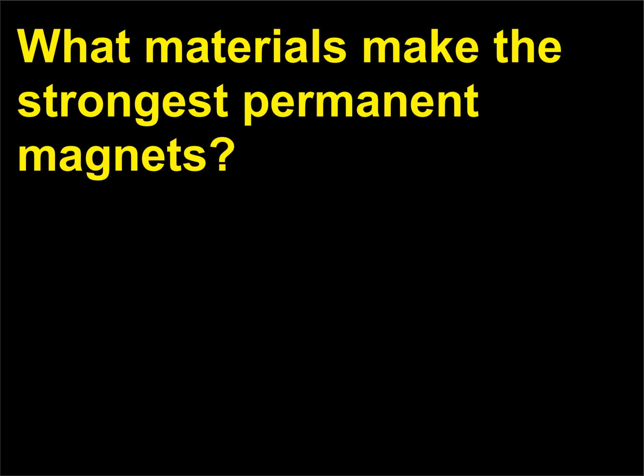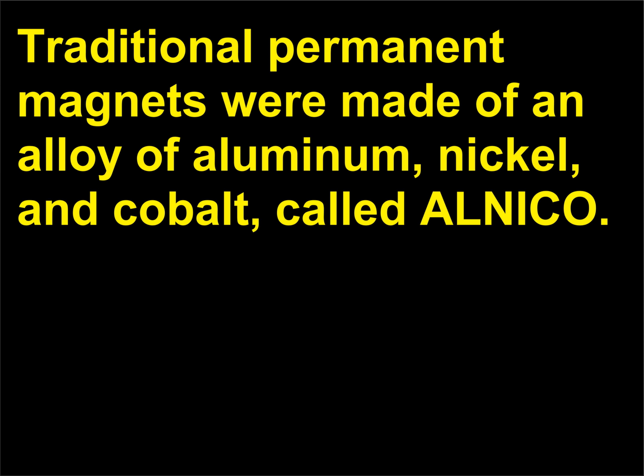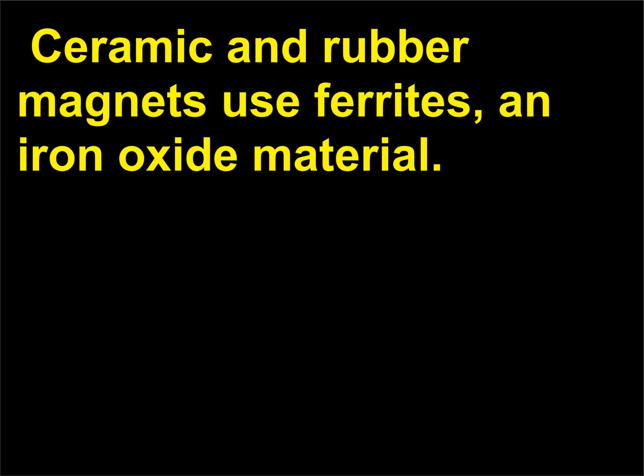What materials make the strongest permanent magnets? Traditional permanent magnets were made of an alloy of aluminum, nickel, and cobalt, called alnico. Ceramic and rubber magnets use ferrites, an iron oxide material.